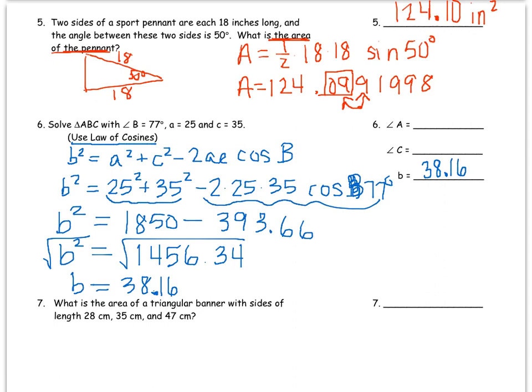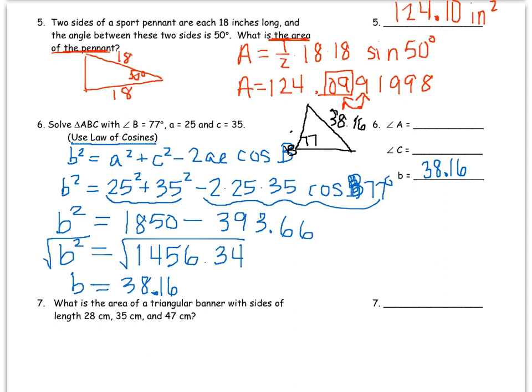So let me sketch my picture here. Since I haven't sketched a picture yet, I'm going to draw my picture to make sure I've got everything set up accurately. So my angle B is 77 degrees. There's my B. Across from it is my side B, and that's 38.16.